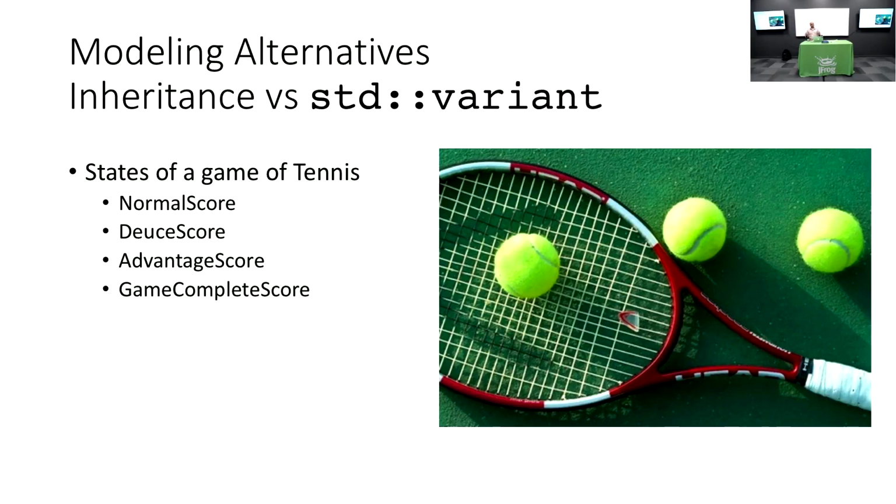The states of a tennis game are: normal score, which are numeric values 0, 15, 30, and 40; deuce score, where both players have the same value, 40 specifically; advantage score, when one of the players scores and the other player has 40; and game complete score, where the same player scores one more time and wins the game.